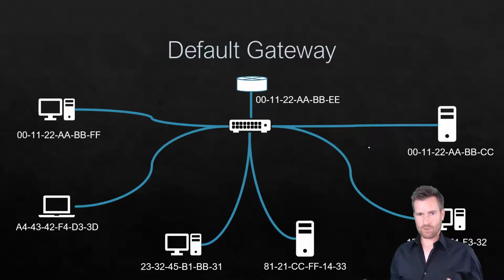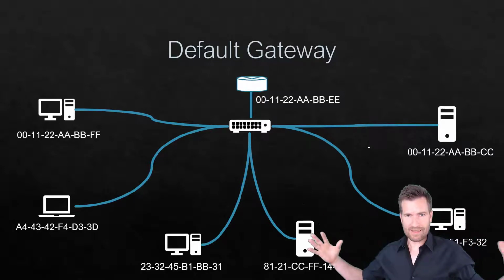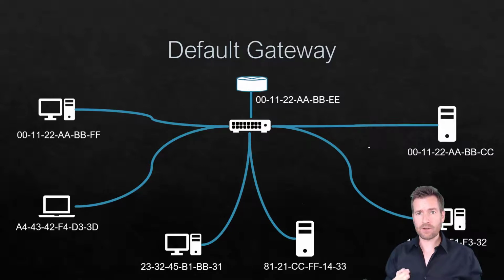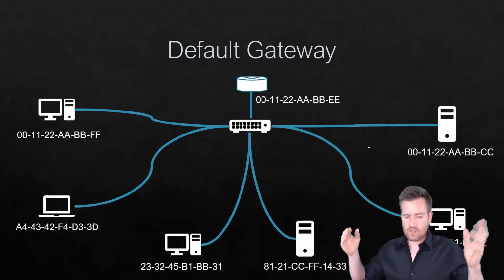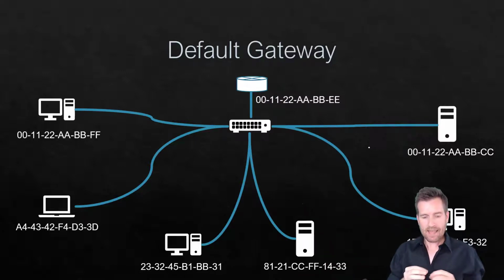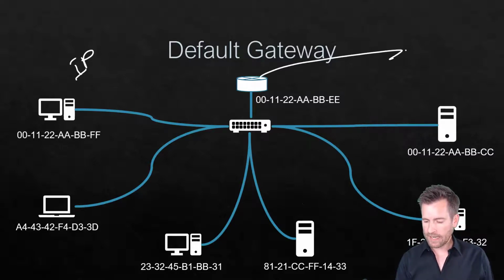Now that works great, but what if the IP address of the machine is somewhere outside of the network? So it's a whole other network. We already know MAC addresses are used to communicate on the local LAN, but it doesn't work once you get beyond the router. And so what happens is that a machine will recognize if an IP address it's trying to reach is outside the network.